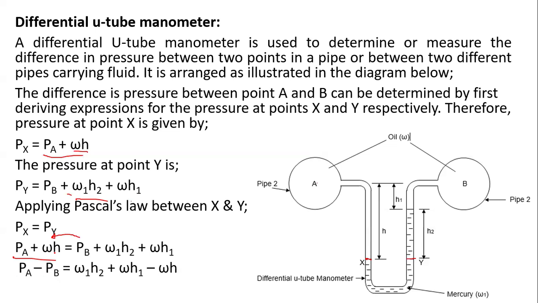So then what I'm going to have is PA minus PB equals specific weight 1 times H2 plus omega H1 minus omega H, because this is the one that has moved to this side. You'll be given the numbers for all these. Once you plug in those numbers, you get the value for the difference in pressure. Additionally, when you're given one of the pressures, you can also get the other pressure you're looking for.